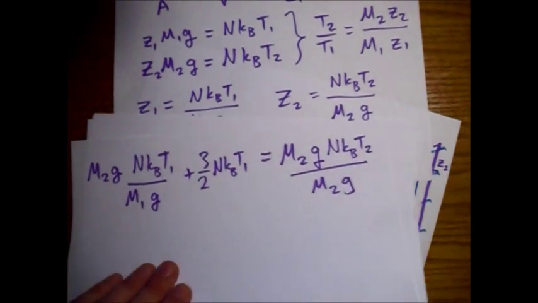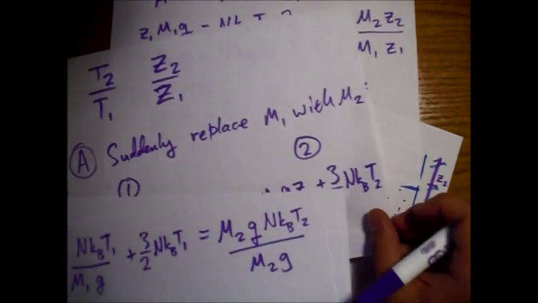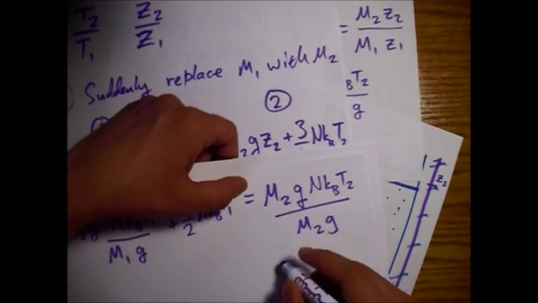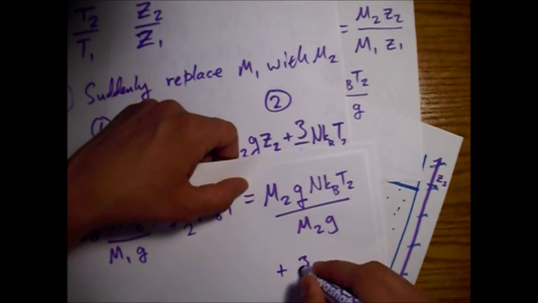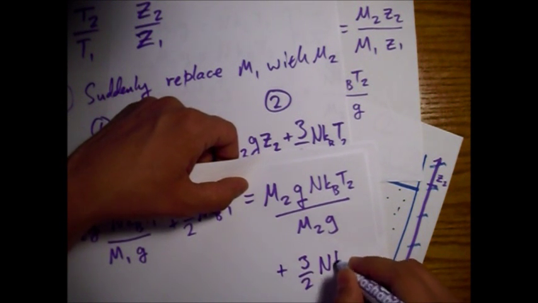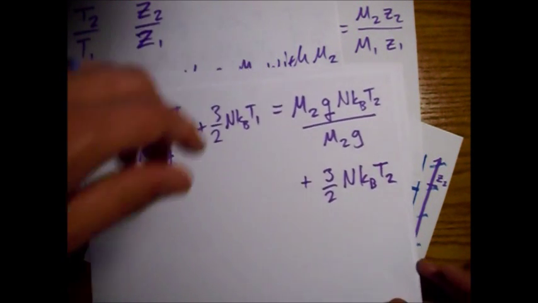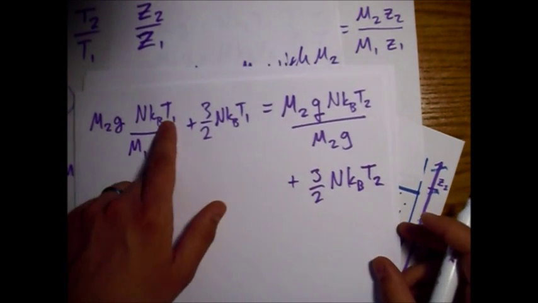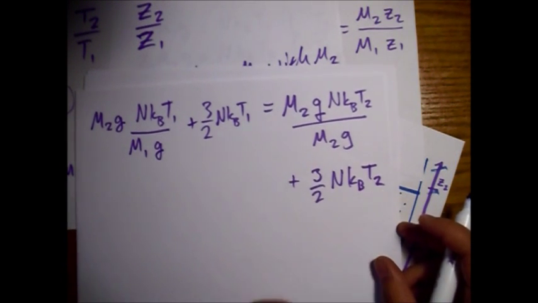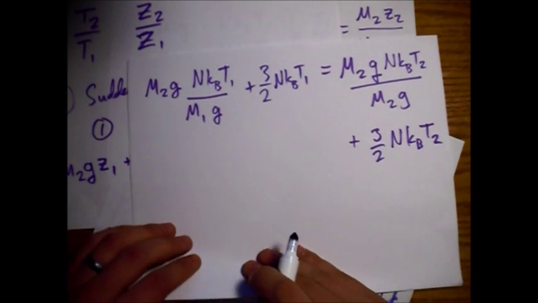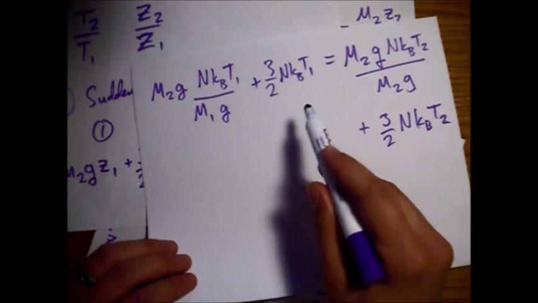And we have one more term, which is just 3 halves N kBT2. So now we have all T1s and T2s, no Z's hanging around.